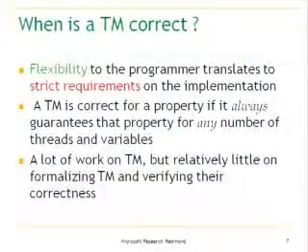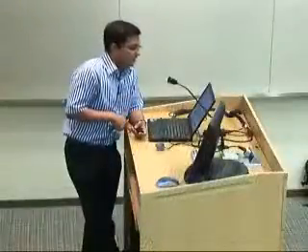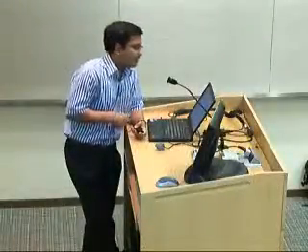And so what we want to do is check that such protocols are correct, that is, they guarantee some safety and liveness properties. But we know that a TM gives a particular amount of flexibility to the programmer. He simply has to encapsulate his code in atomic, and we have to guarantee that the safety and liveness properties are indeed there.